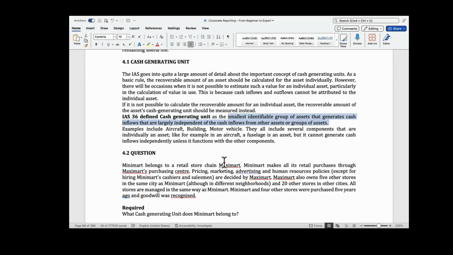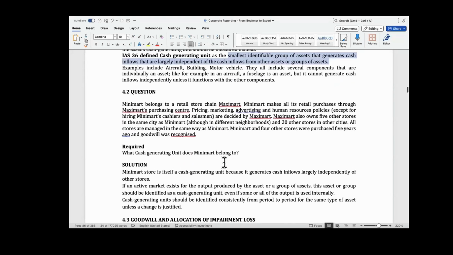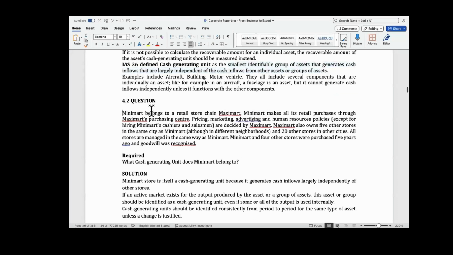And there is a question here that I just want to use to help us understand cash generating units. It talks about Minimat belonging to a retail store chain, Maximat. They said Minimat makes all its retail purchases through Maximat's purchasing center.